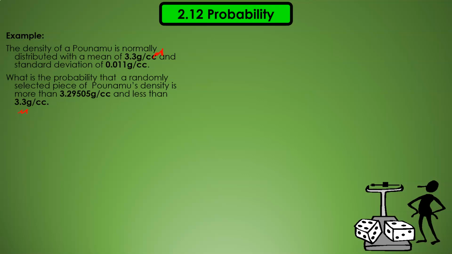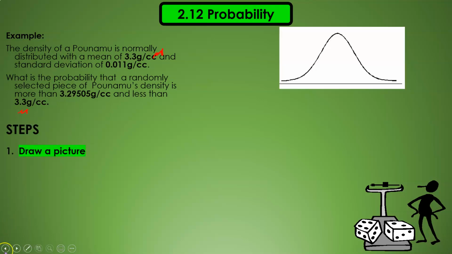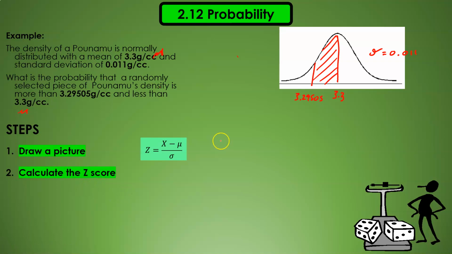Okay, hopefully you had a good go at that. So first thing, draw the picture. Okay, hopefully that's what you got drawn. The next thing, calculate a z score. That's going to be z is equal to 3.29505 take away 3.3, divided by 0.011, and we chuck that into the calculator, which gives us minus 0.45.